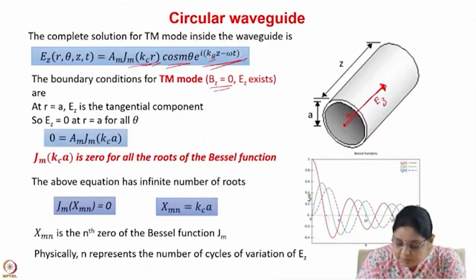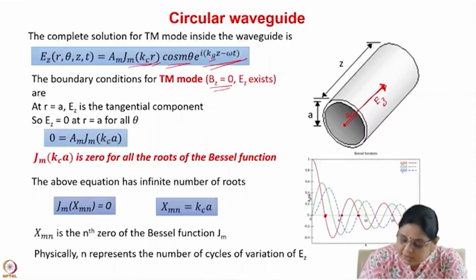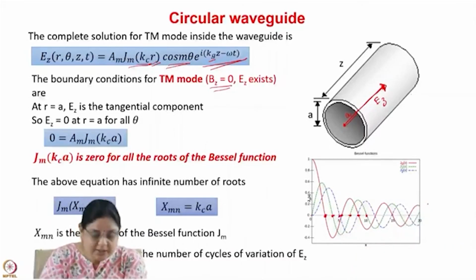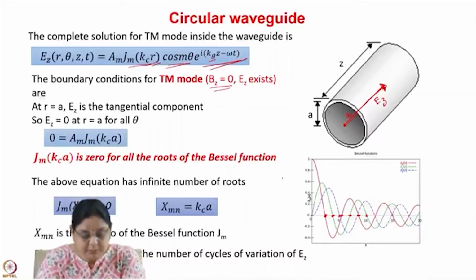J0 is 0 at this point, and this point, and so on. Similarly, J1 is 0 at this point, this point, and so on. And similarly, J2 is 0 here, here, and so on. These are the roots of the Bessel function.